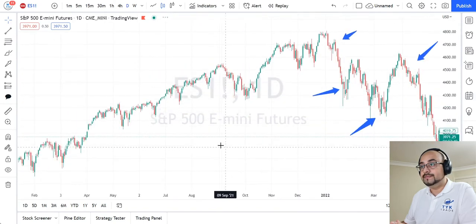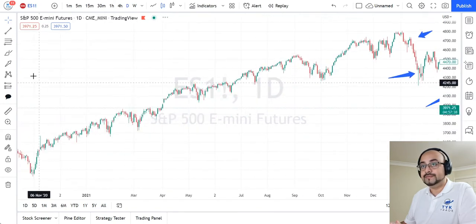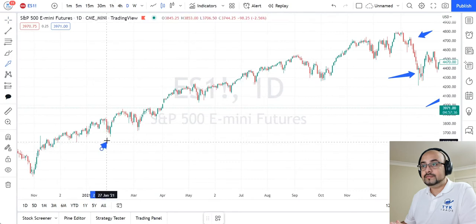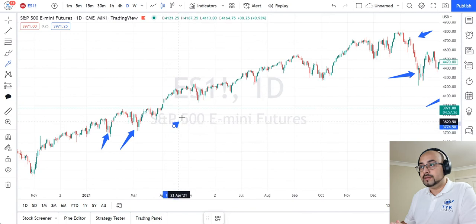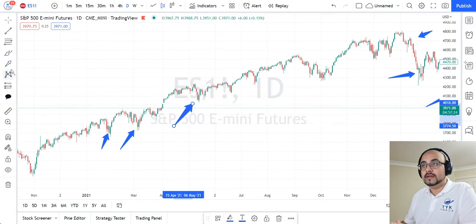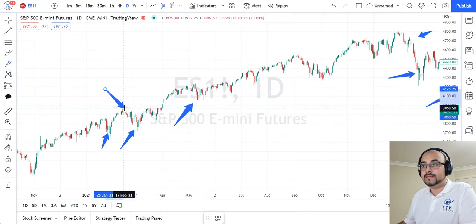Contrary to that, we have an upward trend where every low is higher than the previous low, and similarly every high is higher than the previous high.